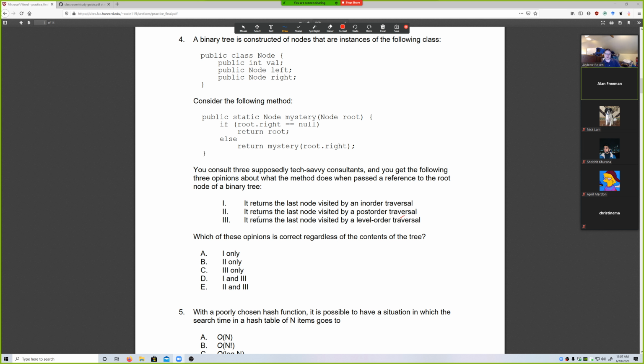And the third consultant says it will return the last node visited by a level order traversal, which is just breadth first search. In other words, it will return the last node in a BFS. So which of these opinions is correct regardless of what the contents of the tree is?